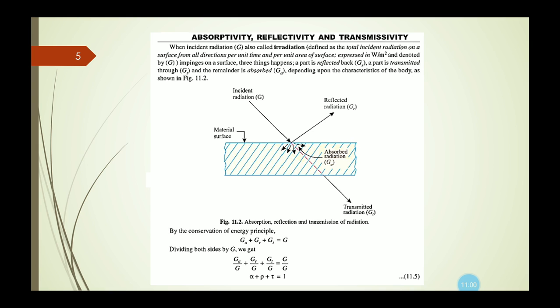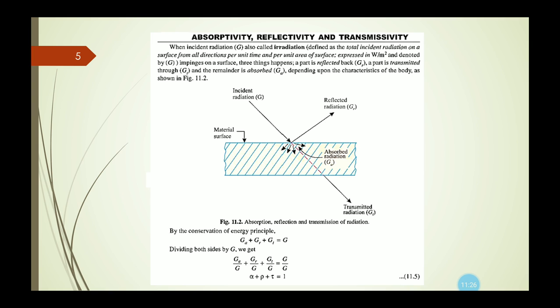So depending upon these characteristics of the body, by the energy conservation principle, you can write G_A, that is the fraction of incident radiation which has been absorbed, plus G_R, which is the fraction of the incident radiation which has been reflected, and G_T, which is the fraction of the incident radiation which has been transmitted.